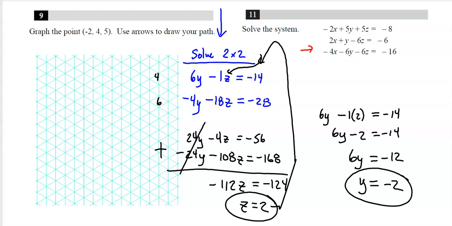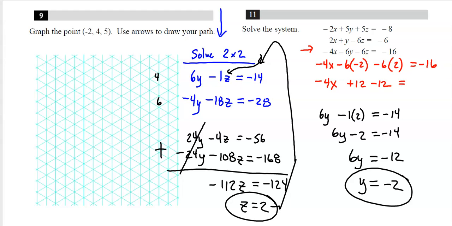So negative 4x minus 6 times y minus 6 times z equals negative 16. All right, what do we get?